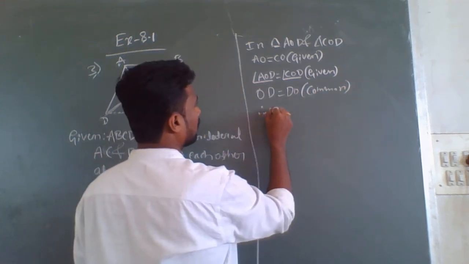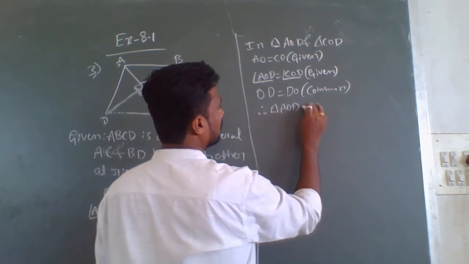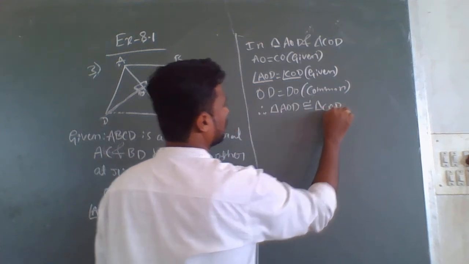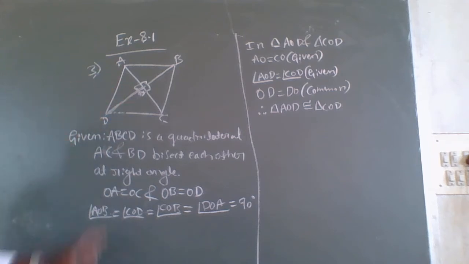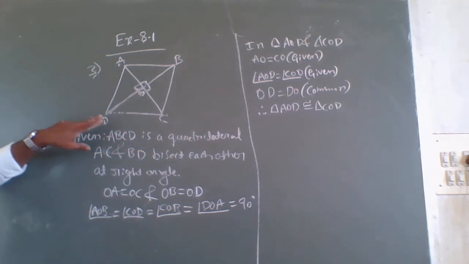Therefore, what can we write here? Triangle AOD is congruent to triangle COD. Here, these two triangles are congruent. Then, what can we write here? AD is equal to CD.